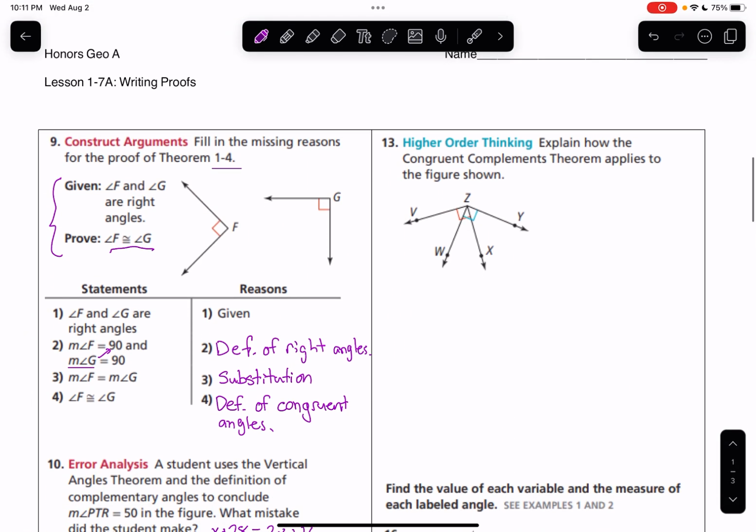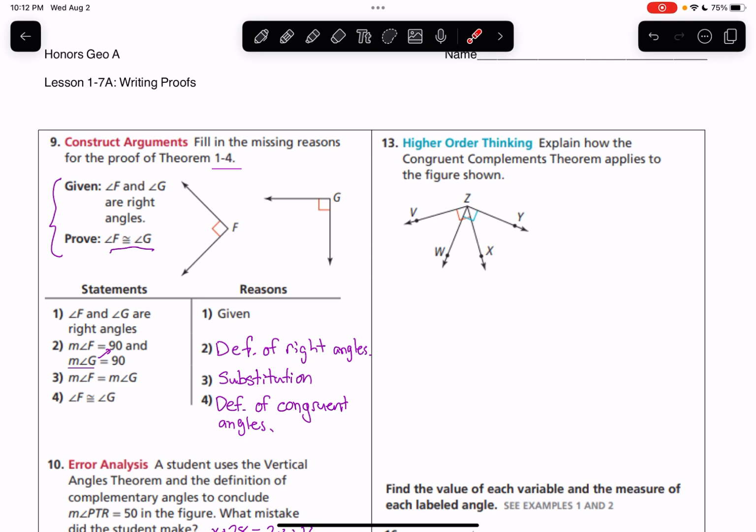All right. Number 13, explain how the congruent complements theorem applies to the figure shown. And we see that we have two right angles that are sort of overlapping each other here. Got one right angle there and one right angle here, and they're kind of overlapping.